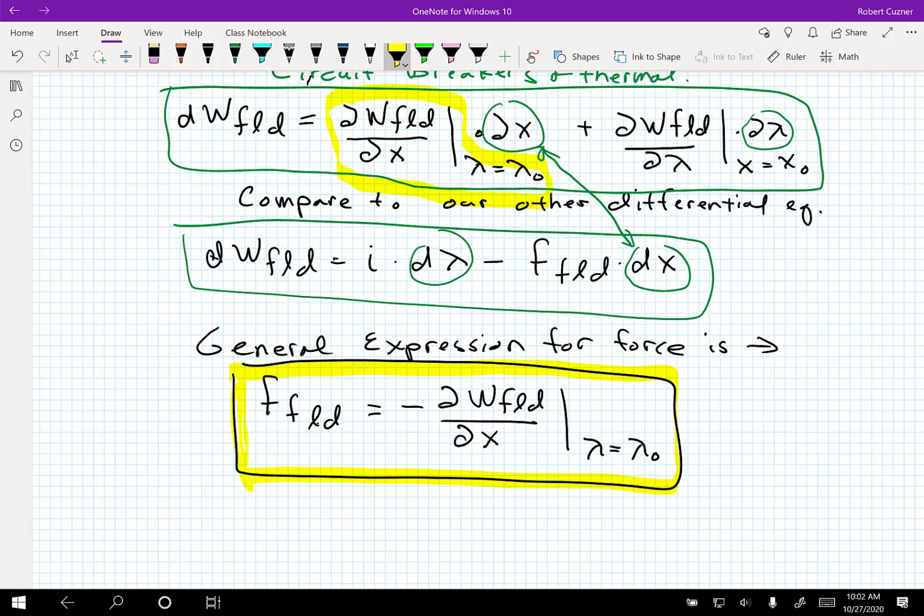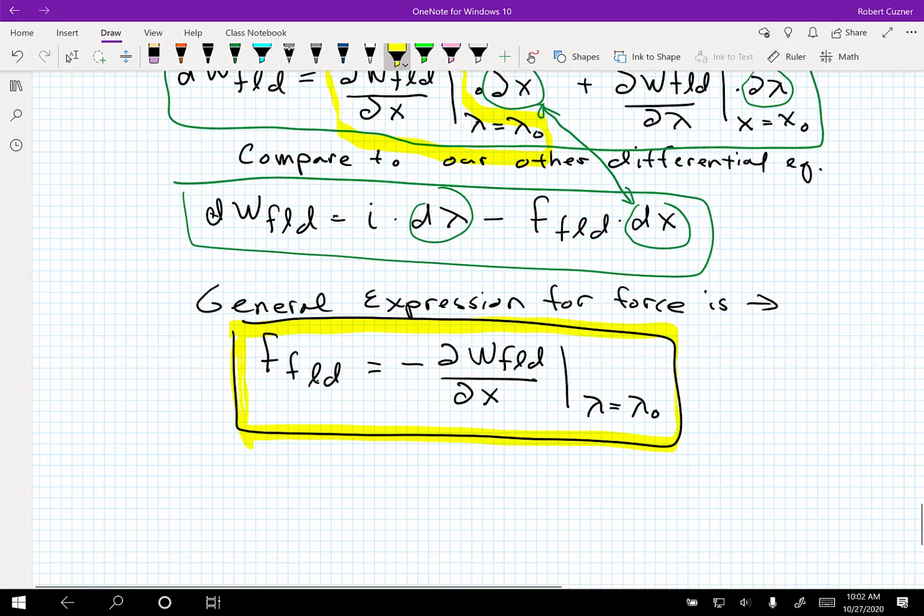So if someone was to give you an expression for the energy as a function of x, if you take the derivative of that, you would evaluate it at a specific flux. You would get the force.